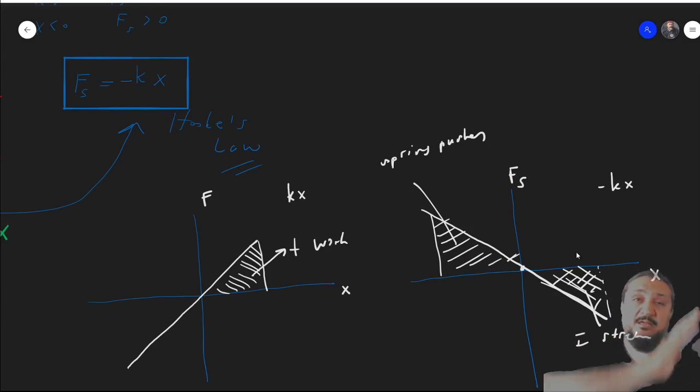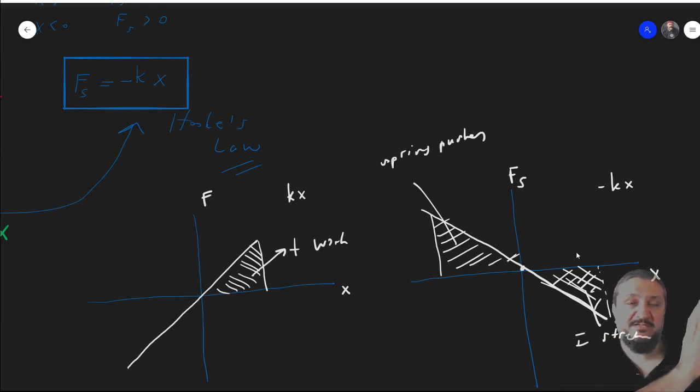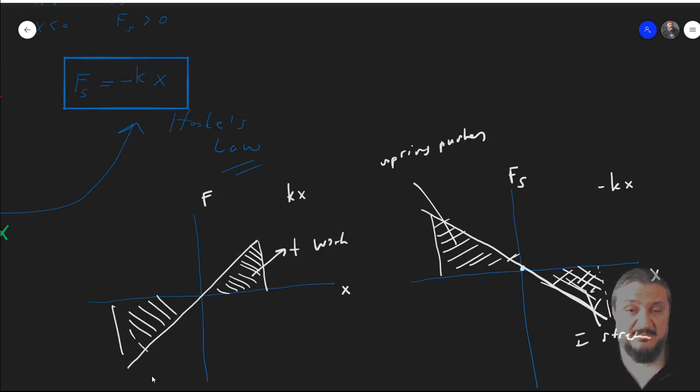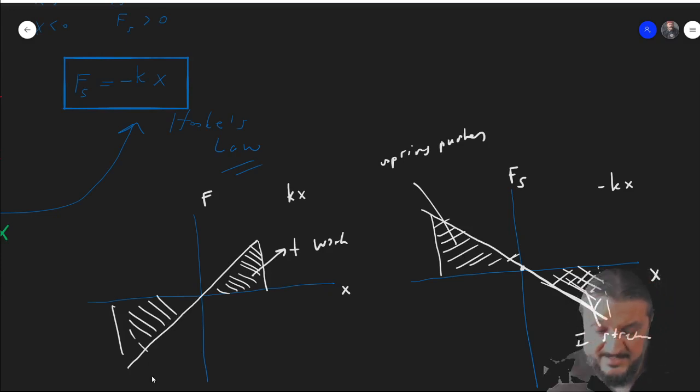But when I'm releasing the pressure, so my hand is moved by the spring, then the spring is doing positive work. Okay? And I'm doing negative work when that happens. All right, so I'm going to stop here, take a break, and then come back with potential energy.